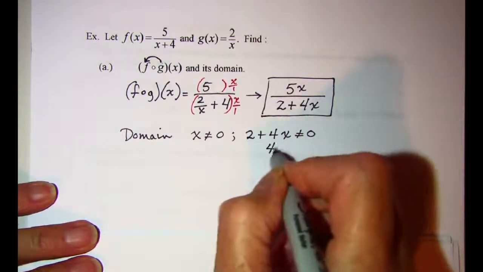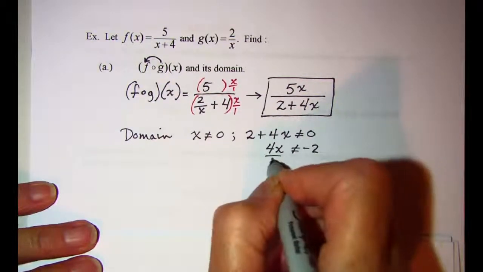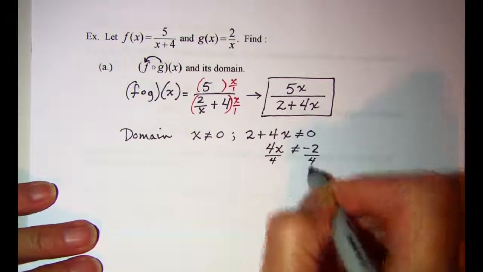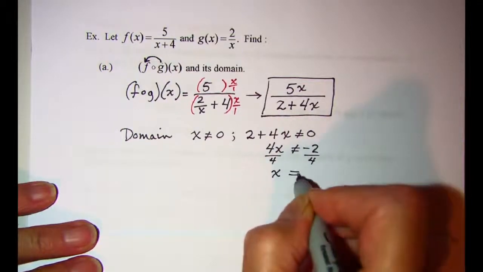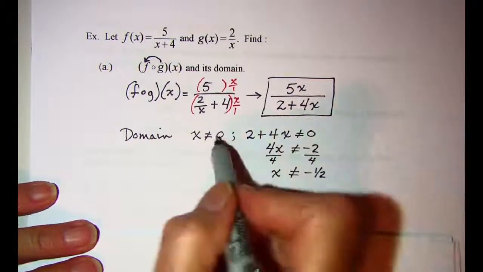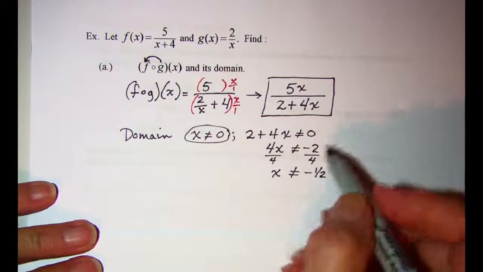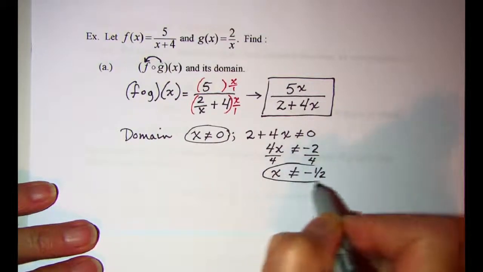So 4x cannot equal negative 2. Divide both sides by 4. So x cannot equal negative 1/2. So we have this restriction on our domain and this restriction.